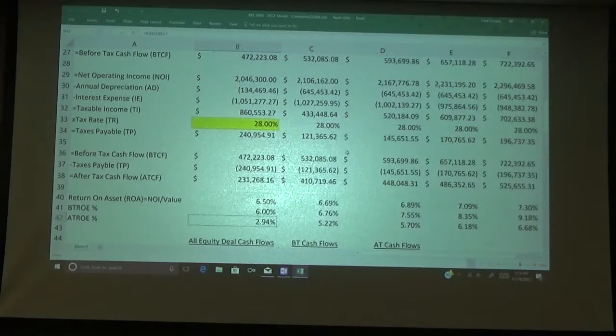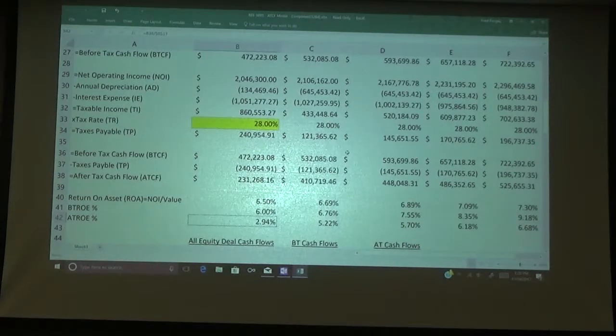Once again, if we do the math on that, we should match up with a 2.94%. Double check. And we do. 0.02939, or basically 2.939%. So it makes sense.